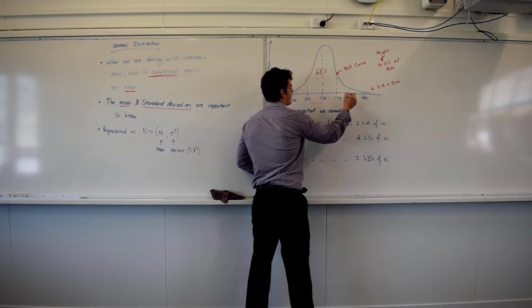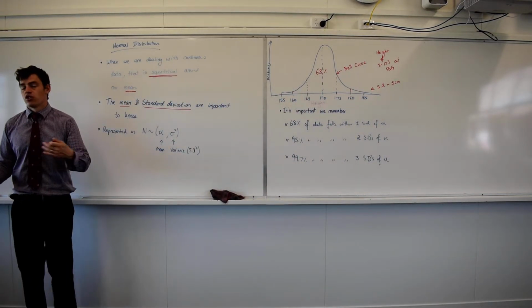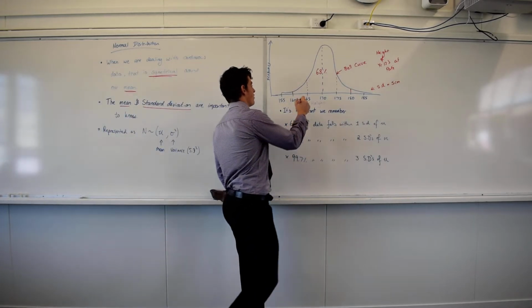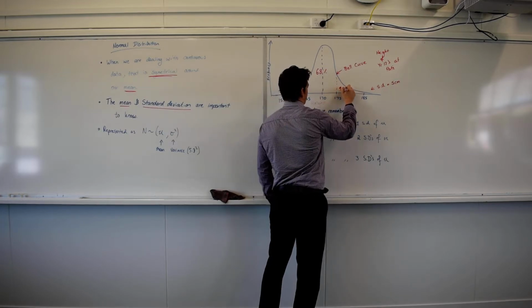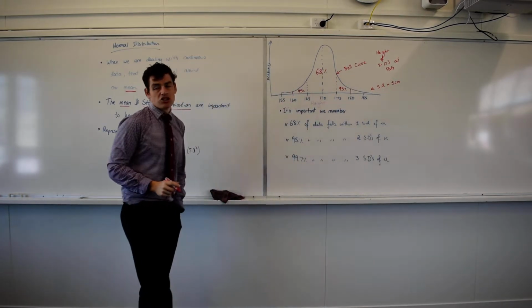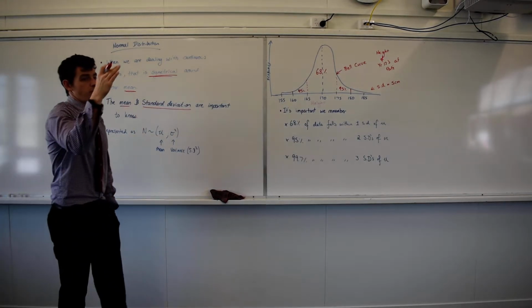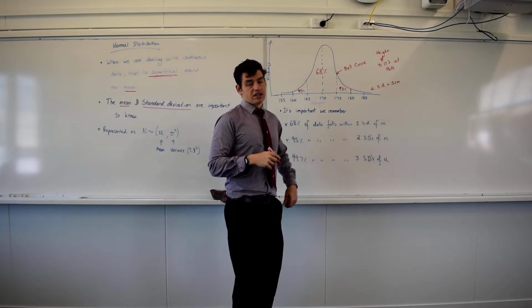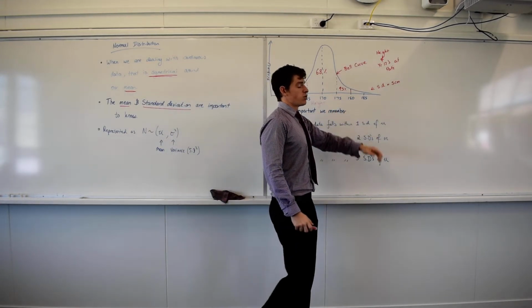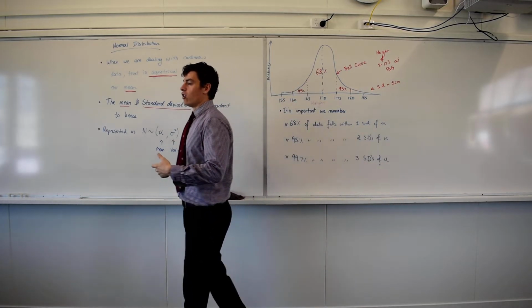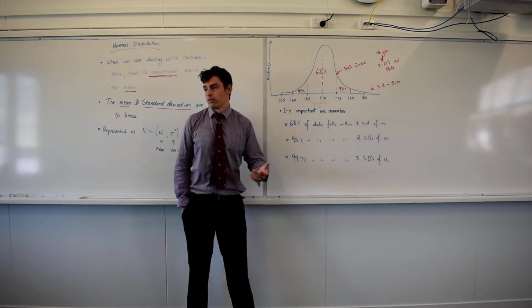Now, within 2 standard deviations, which would be 10 centimetres either side, I hold 95% of my population. So 95% of my population is held within 2 standard deviations of the mean. So when I was ordering uniforms at the start of the year at St Pat's, and I was trying to organise for kids that were between 175 and 180, I could get an idea about how many large uniforms I'd need to order.